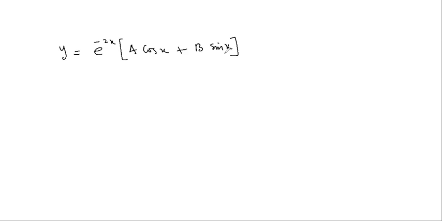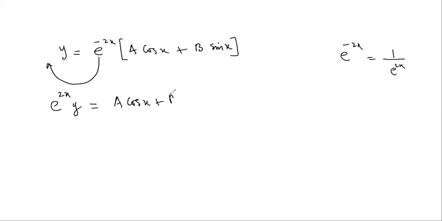Take e raised to 2x on left. Take this unwanted term to the left hand side. So e raised to 2x into y. Do you agree with what I have written? What is the meaning of e raised to minus 2x? 1 upon e raised to 2x. So 1 upon e raised to 2x, I cross multiplied: a cos x plus b sin x.